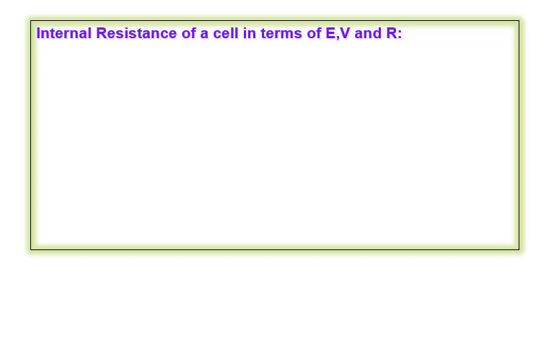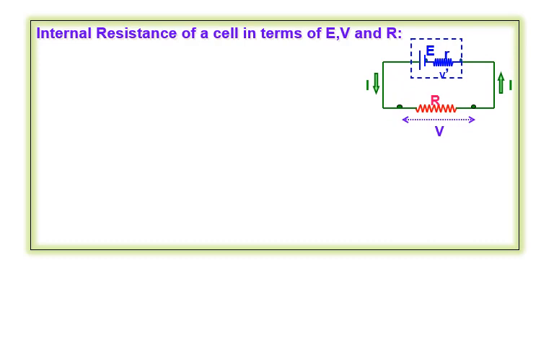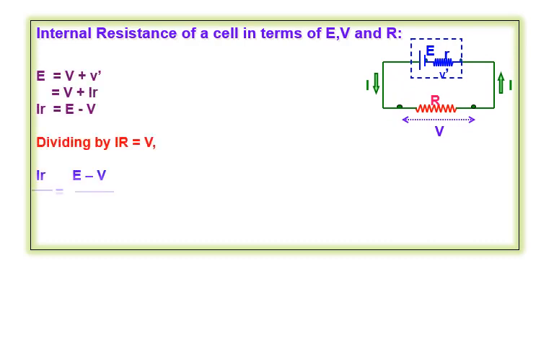Internal resistance of a cell in terms of E, V and R. Again, by using the same equation, E is equal to V plus V dash.